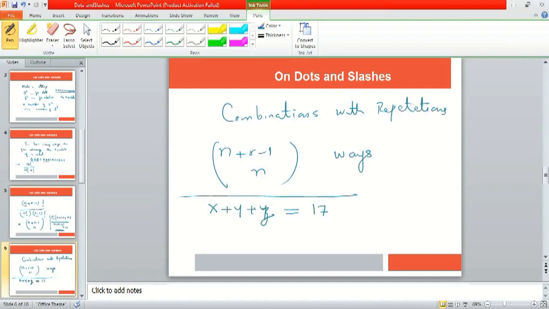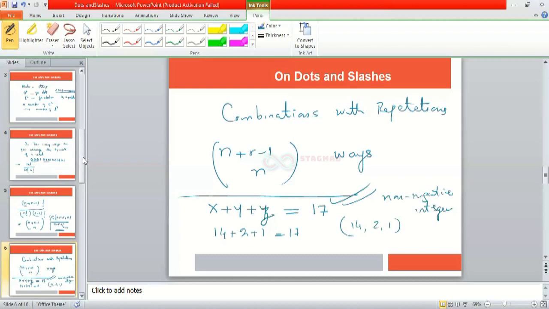I want to know the number of solutions to this linear Diophantine equation in non-negative integers. So I could have a solution like 14 plus 2 plus 1 equal to 17. This is one solution, so the triple (14, 2, 1) is a solution to this Diophantine equation.